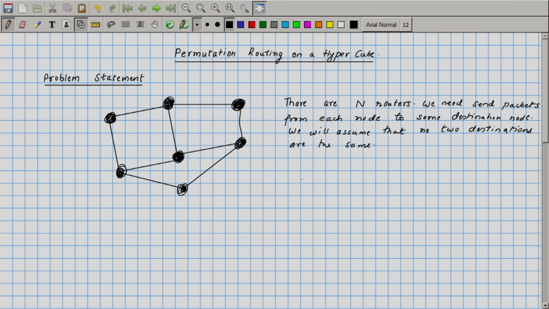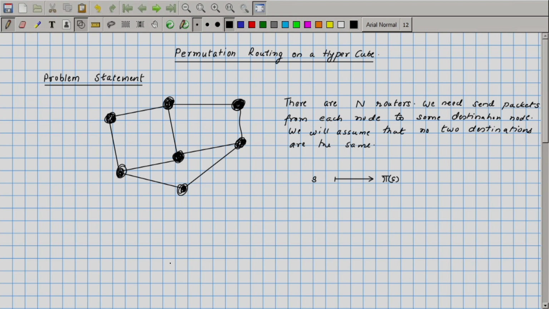Let us say if S is a source, there is another node which we will call pi S. So, it is a permutation of these 1 to n nodes. Each node has a fixed destination, and that destination is a unique destination for every node or every router in the graph.